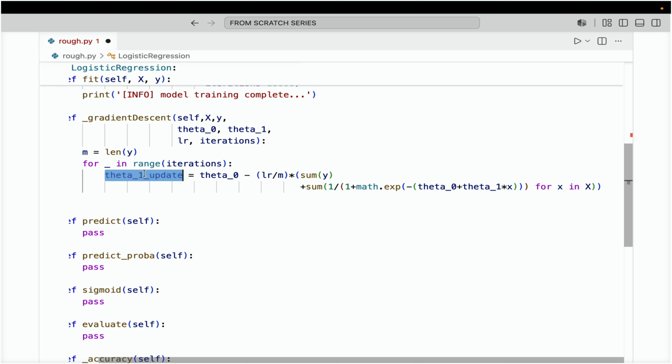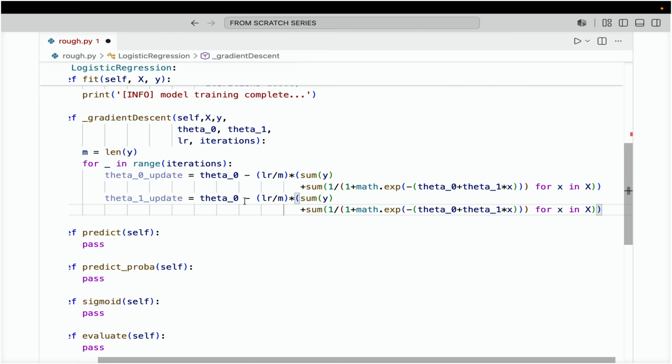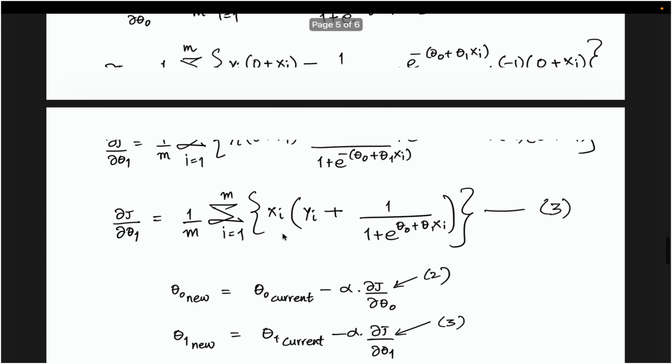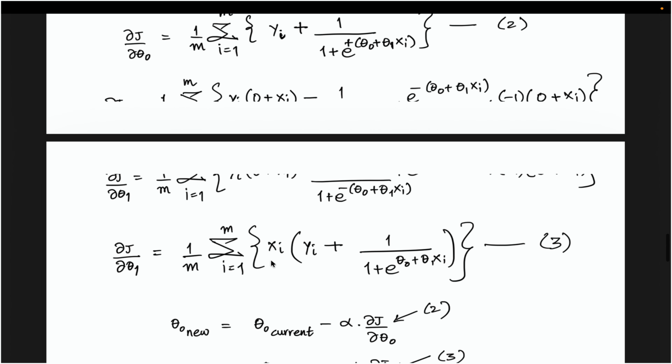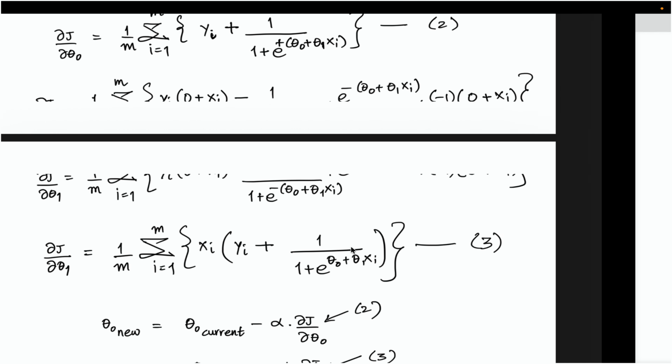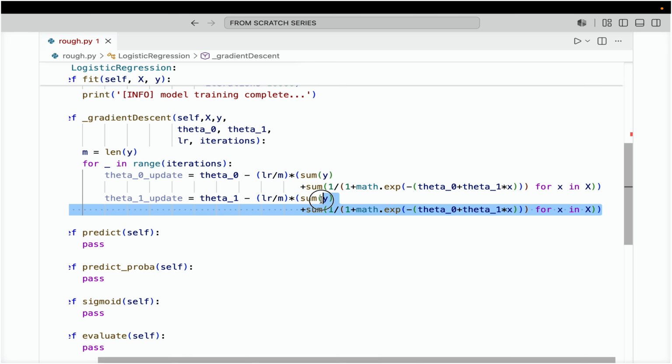This is theta 0, theta 1 update is, let me just copy paste this. We have, yeah, so it's simply this term, everything multiplied by xi, so you get xi yi plus that. I think copy pasting this was a bad idea.